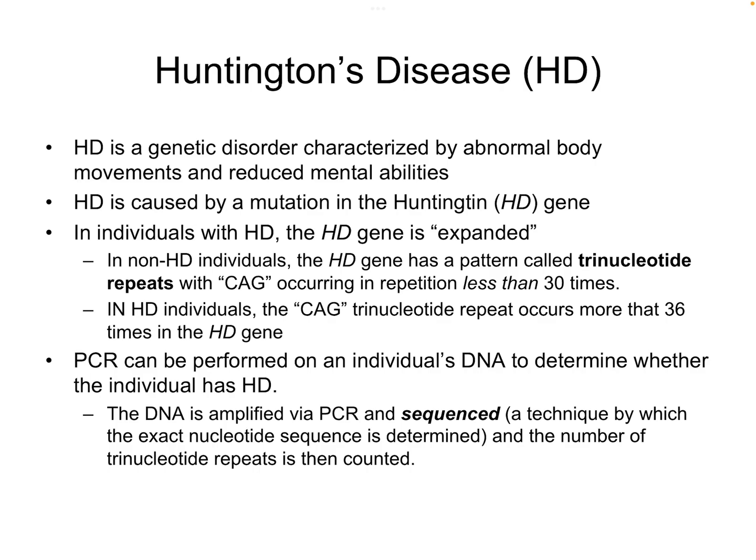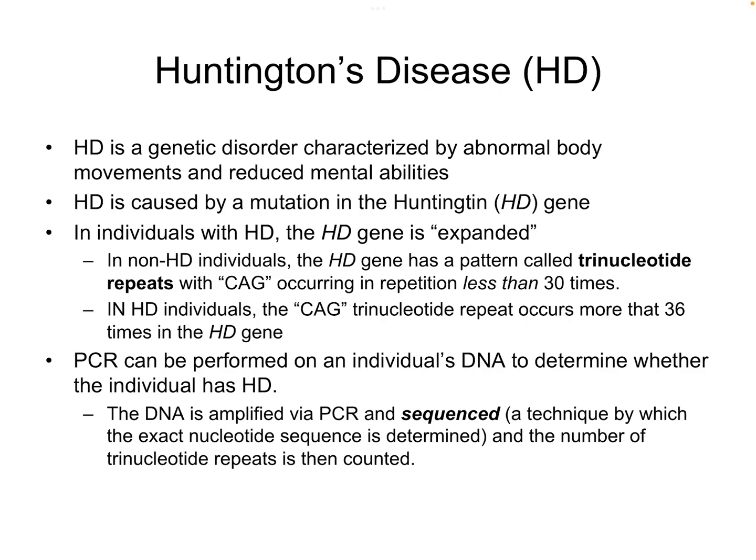So the PCR can be performed on these individuals' DNA to determine whether the individual has Huntington's disease. The DNA is amplified and sequenced. Sequencing is a technique by which the exact nucleotide sequence is determined and the number of the trinucleotide repeats is then counted.